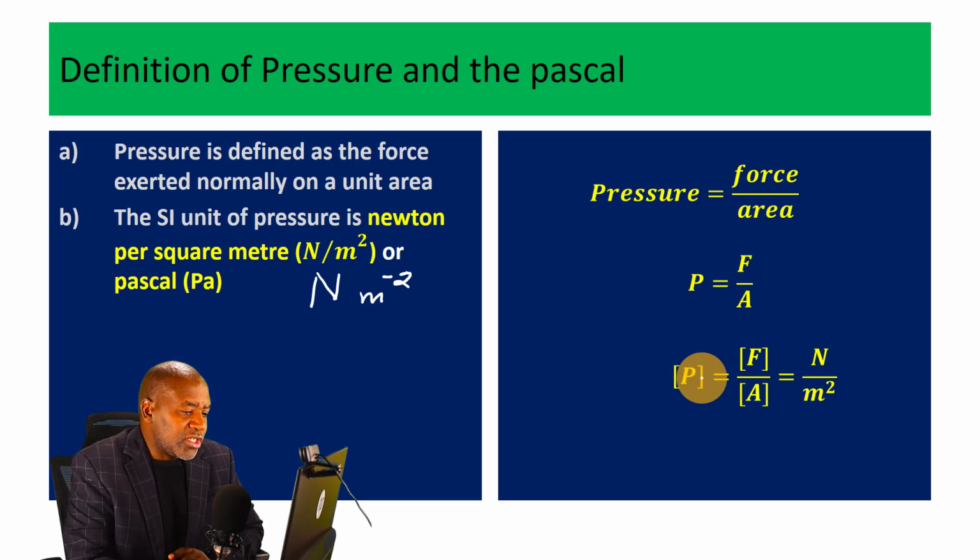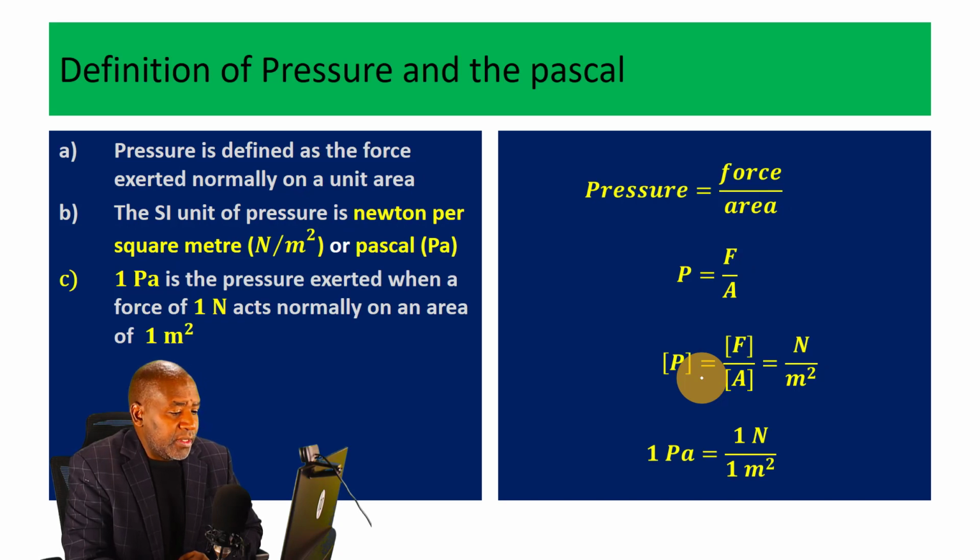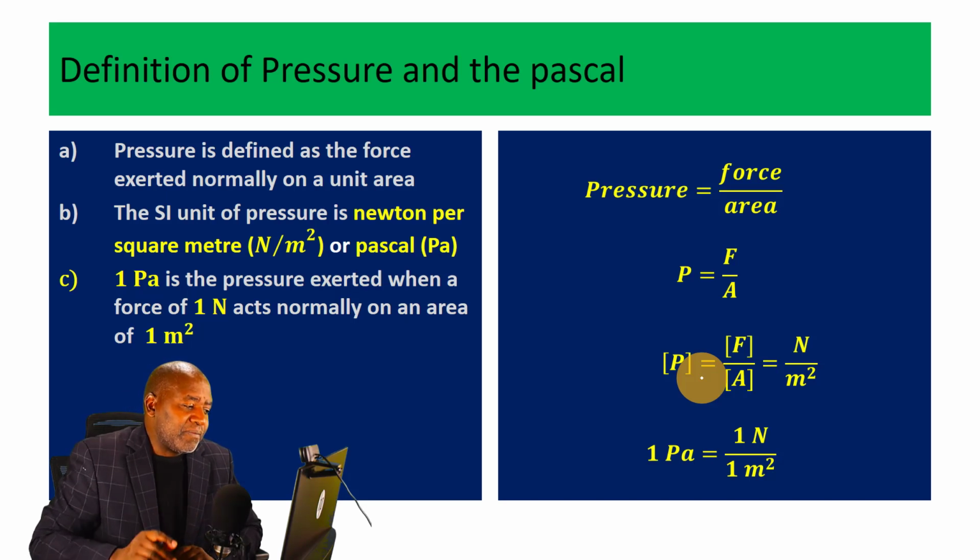At this point, I think we are ready to look at the first problem, which involves calculations of pressure in solids. But there was one simple thing remaining: the definition of the Pascal.